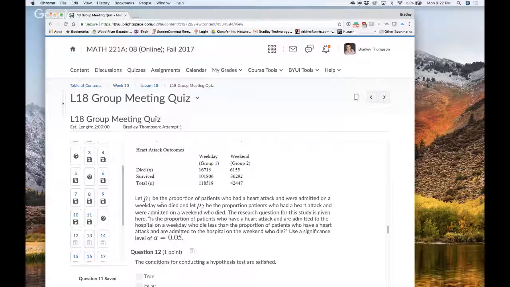So X1 would be 16,713, and N1 would be 118,55. X2 is 6,155, and N2 is 42,447. Okay, so we got that down. Alpha is 0.05, so that means we have a 95% confidence interval.